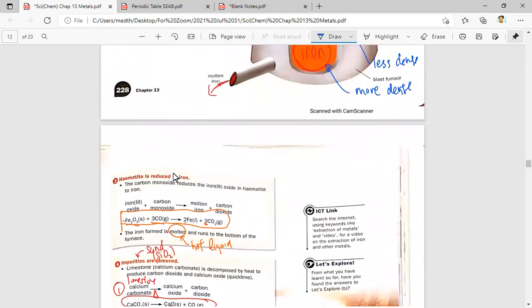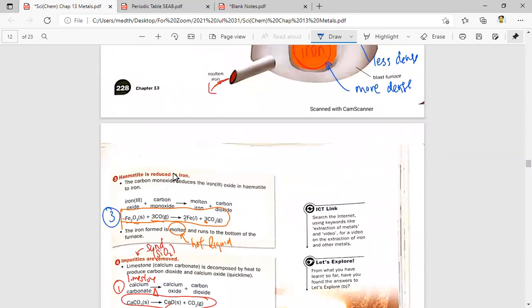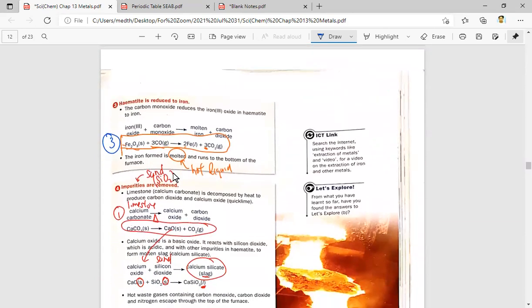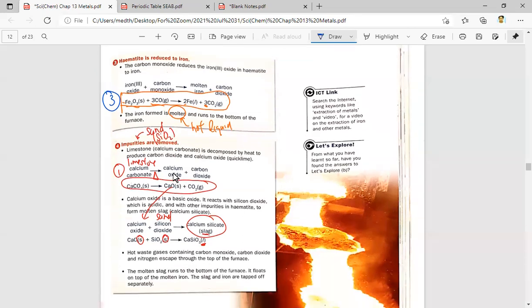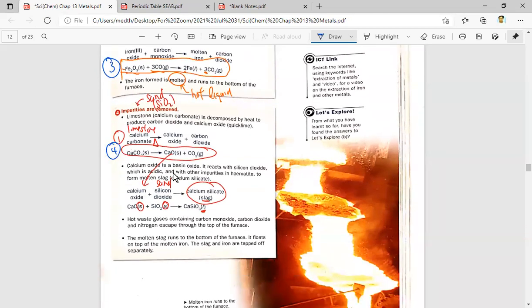The third step is the carbon monoxide reacting with iron(III) oxide to give you molten iron and carbon dioxide. So this is the third reaction. Then the fourth and the fifth are really just to get the impurities removed. These are the 5 chemical reactions that happen in the blast furnace.